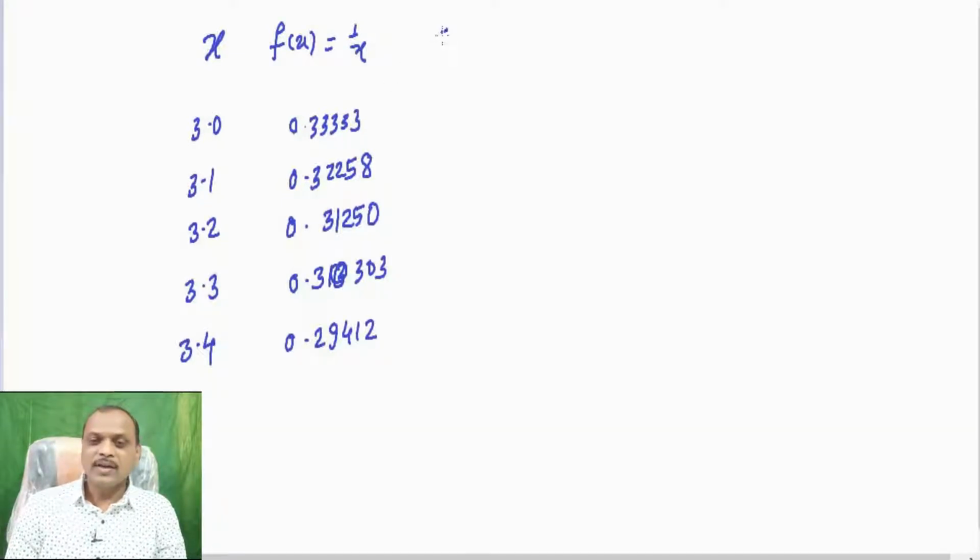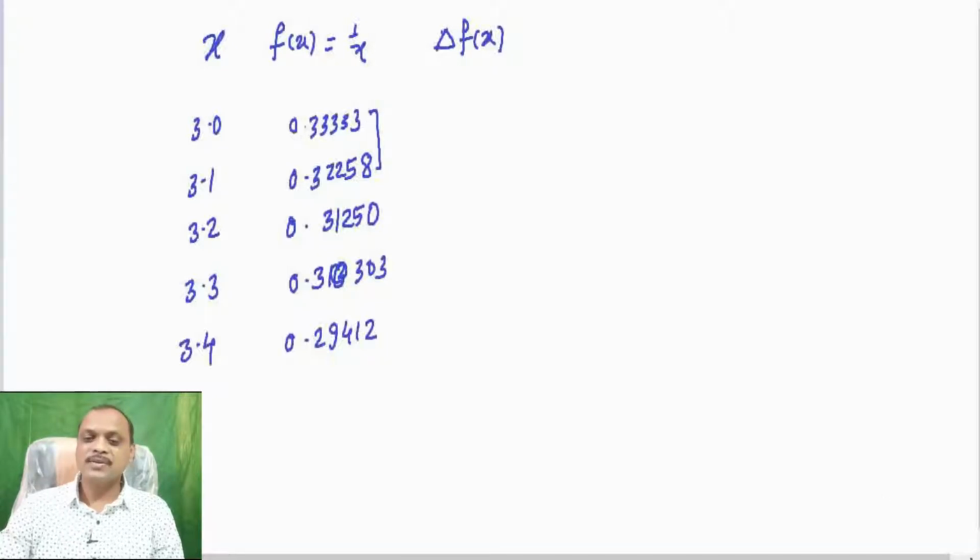Then here we calculate the values of delta f of x. Delta f of x is nothing but the difference of these two values, 0.33333 minus 0.32258.